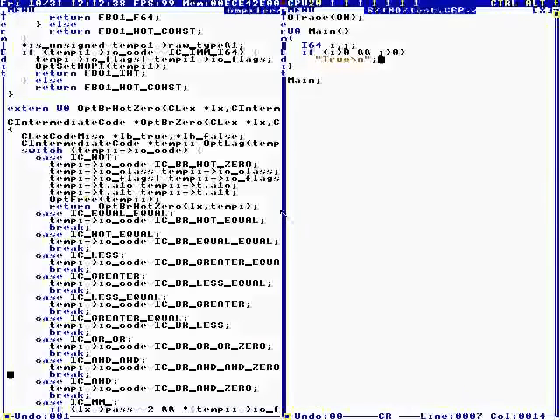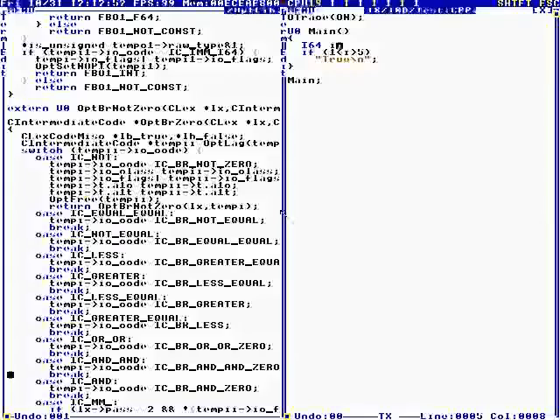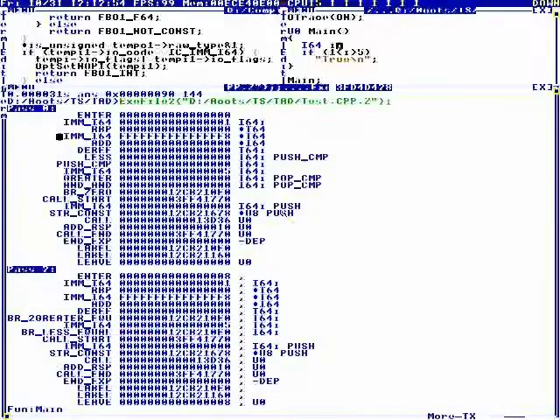I can also show you a different thing, which is 1 less than 5, let's say. This is coded as 1.